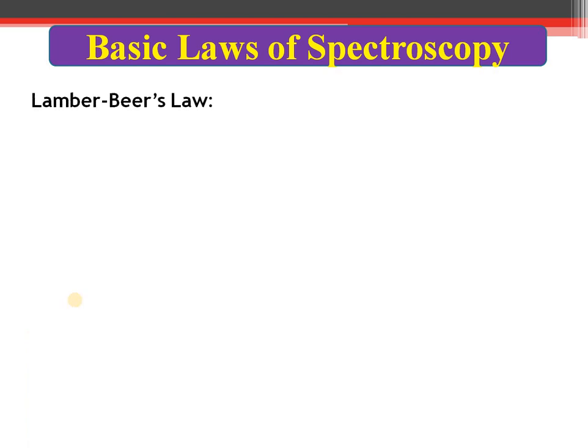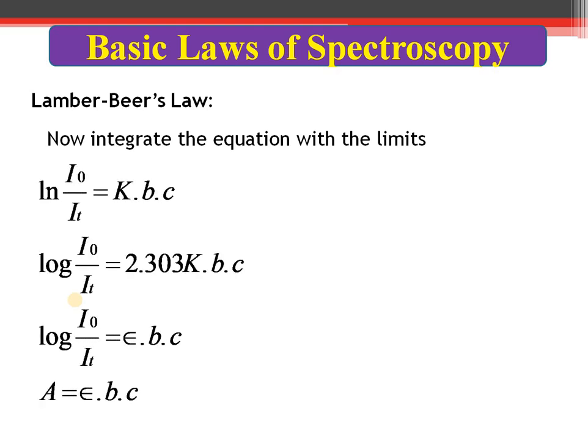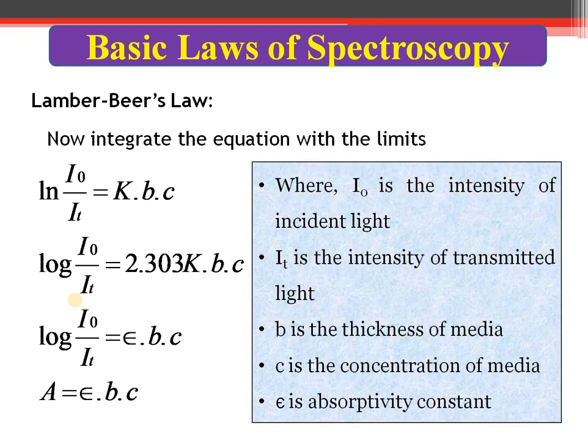Integrating both sides by taking one constant, either concentration or thickness, and the other variable, the final solution we get is ln of I0 upon IT equals k into B into C. This can also be written as log of I0 upon IT equals 2.303 k into B into C. So log of I0 upon IT equals epsilon into B into C, which can also be written as A equals epsilon into B into C, where I0 is the intensity of incident light, IT is the intensity of transmitted light, B is the thickness of media, C is the concentration of media, and epsilon is the absorptivity constant.